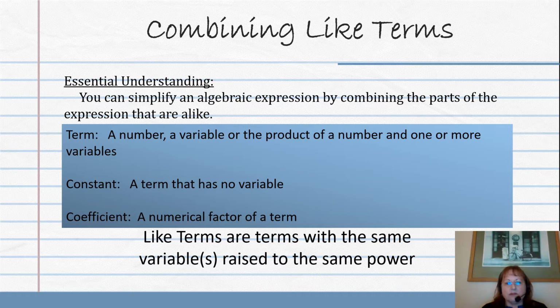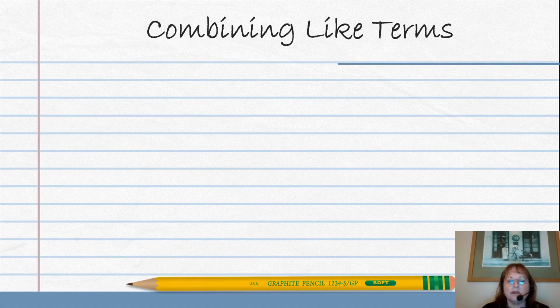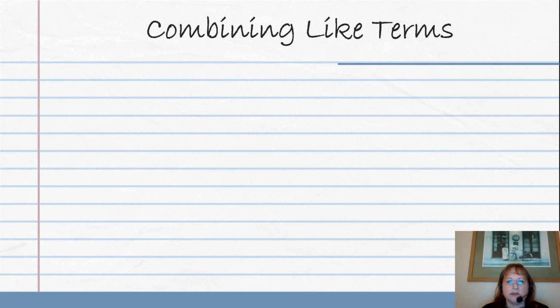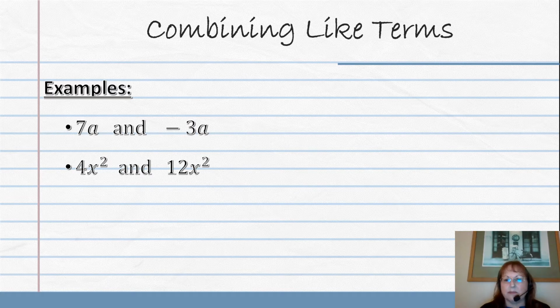So like terms, which is the focus today, are terms with the same variable raised to the same power. In terms of talking about like terms, we're going to look at some examples and some non-examples. Some examples of like terms are 7a and negative 3a, where these are terms that have the same variable, a, raised to the same power.